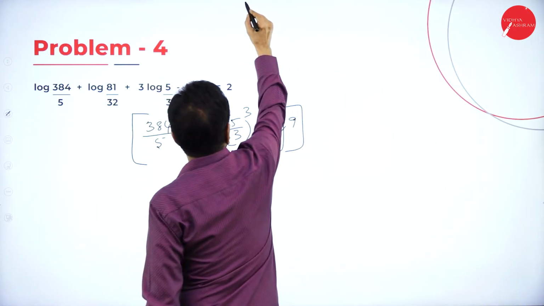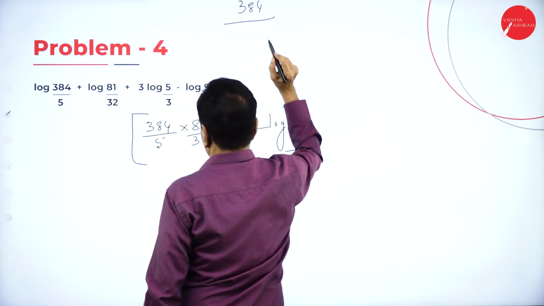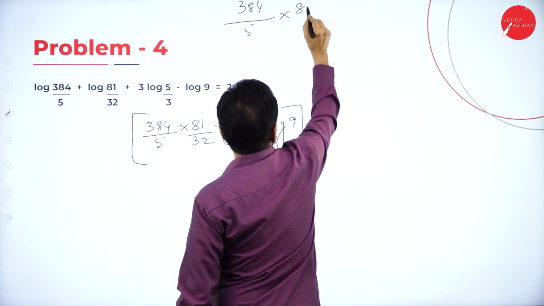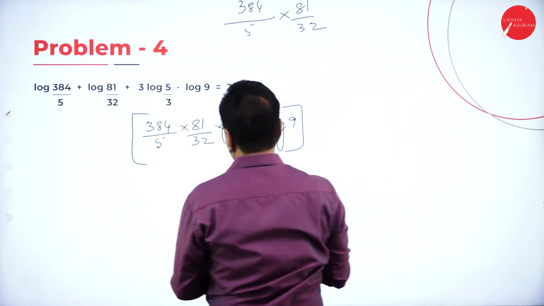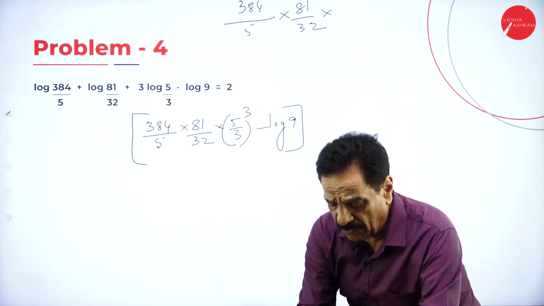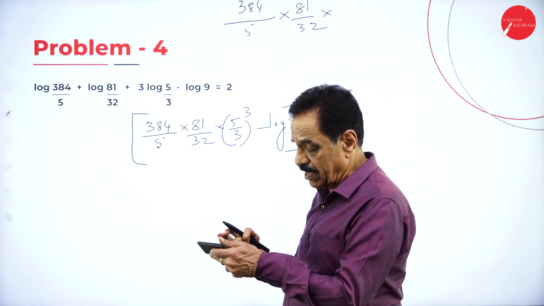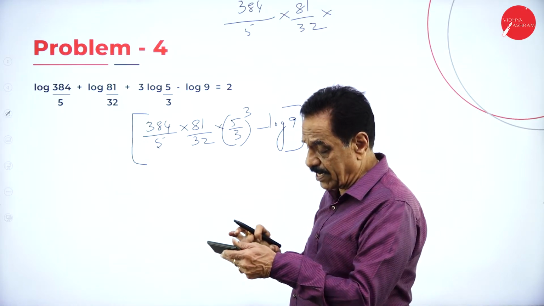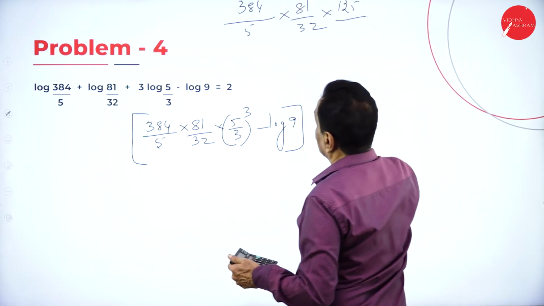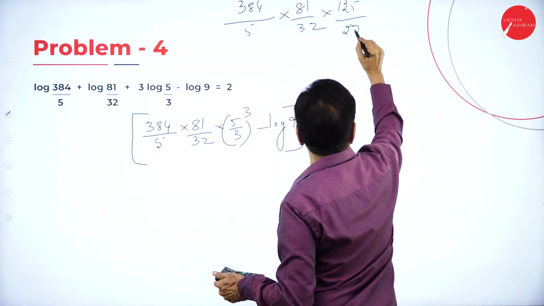This can be written as 384 divided by 5 into 81 divided by 32 into 5 cube, 5 into 5 into 5, which is 125 divided by 3 threes are 9, 9 threes are 27.